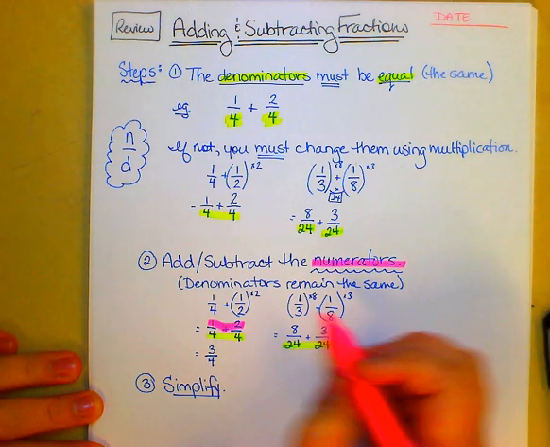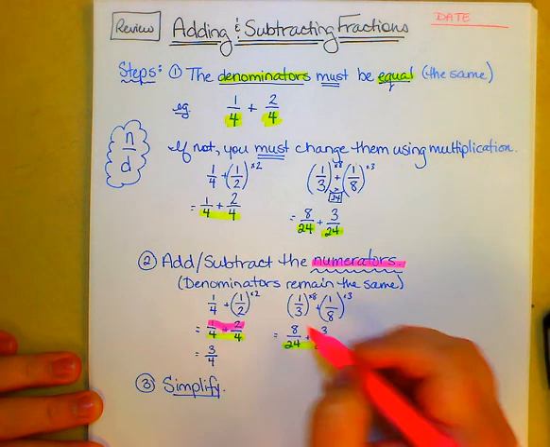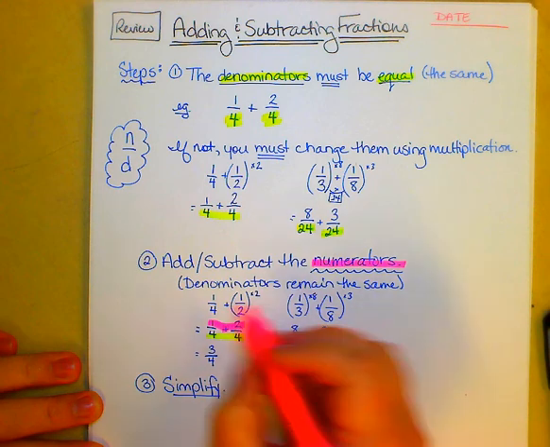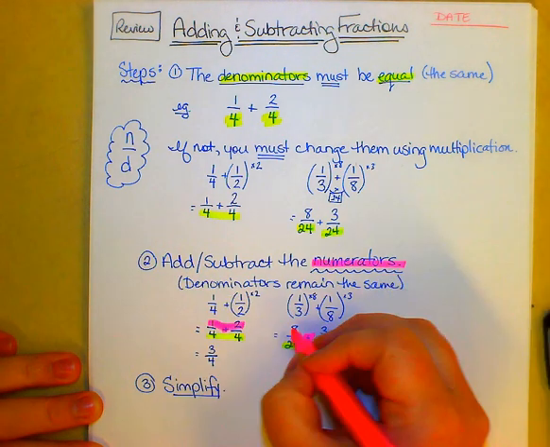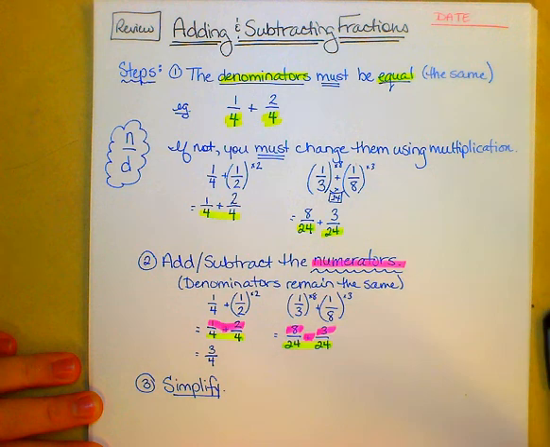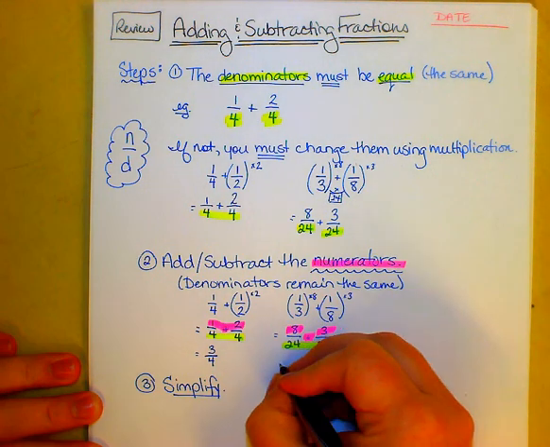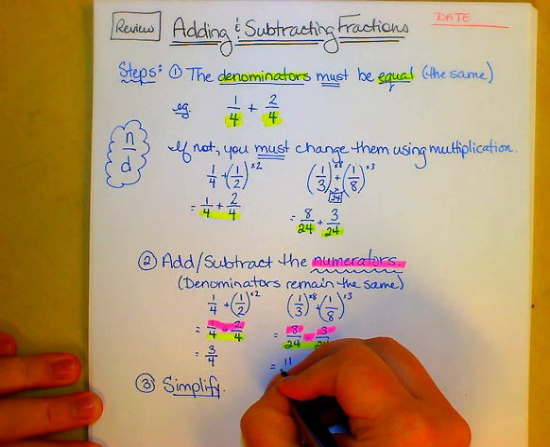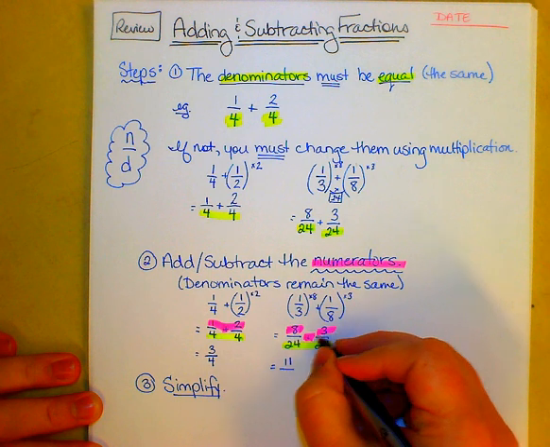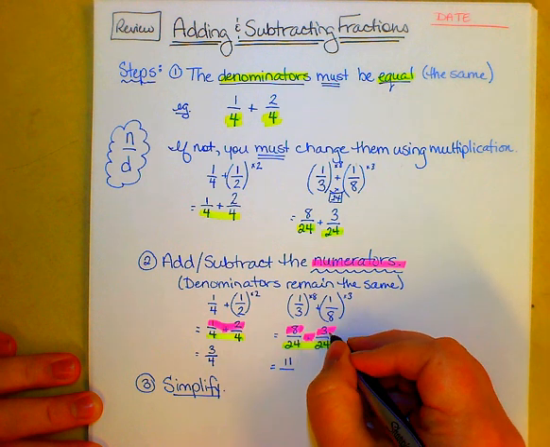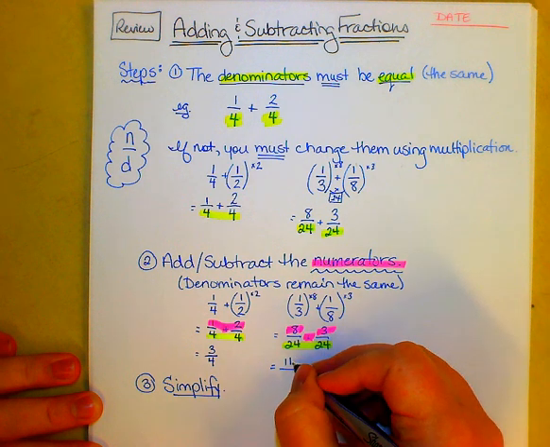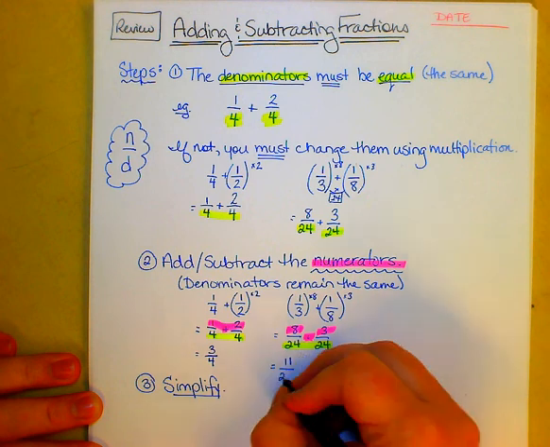Now, step 2, because there's an addition, I can add my numerators. 8 plus 3 is 11. So I have 11 as my numerator. My denominator is going to stay 24.